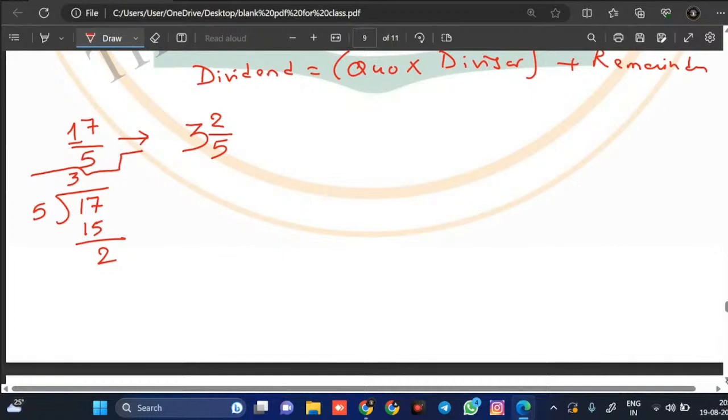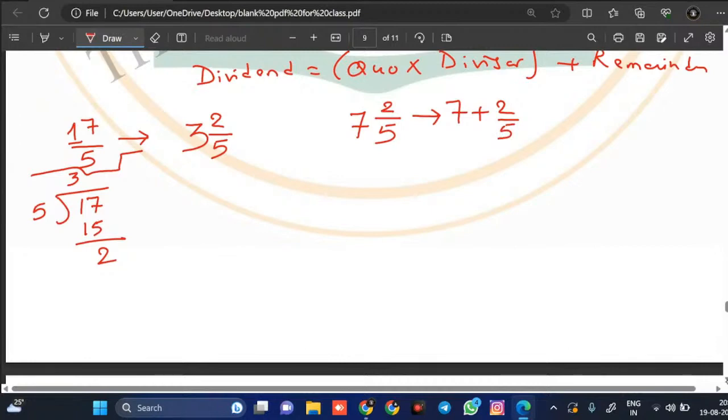Similarly, going the opposite way, if you have the question 7 2 by 5, this eventually means 7 plus 2 by 5. This is its literal meaning, and the same thing I can write as 7 2 by 5.